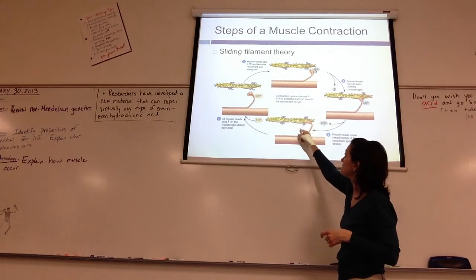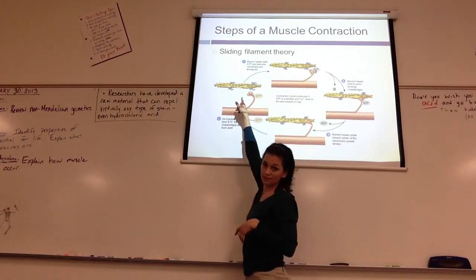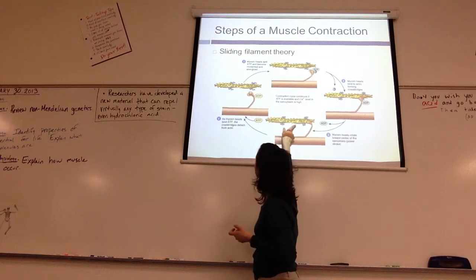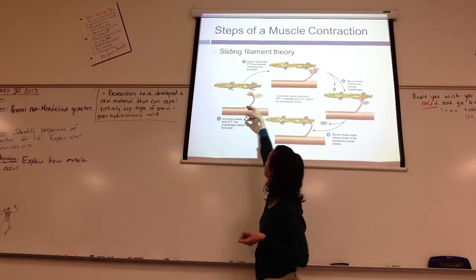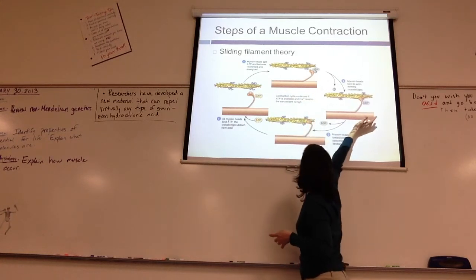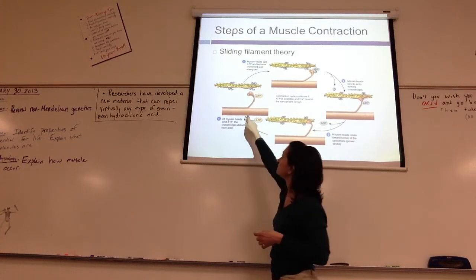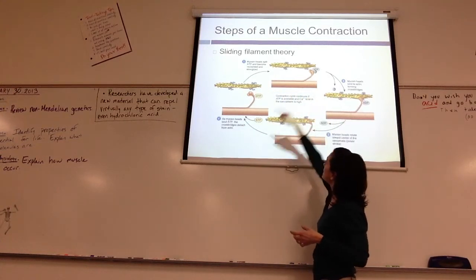This time, the ATP is used to get the head to release the actin fiber, because it can't keep doing it if it's still attached. So ATP gets used, it releases the actin fiber, and more ATP is used to cock it back into position. Now it performs a power stroke, moves it forward again, more ATP is used to release the actin, more ATP is used to reset the head, and then it keeps on doing this.